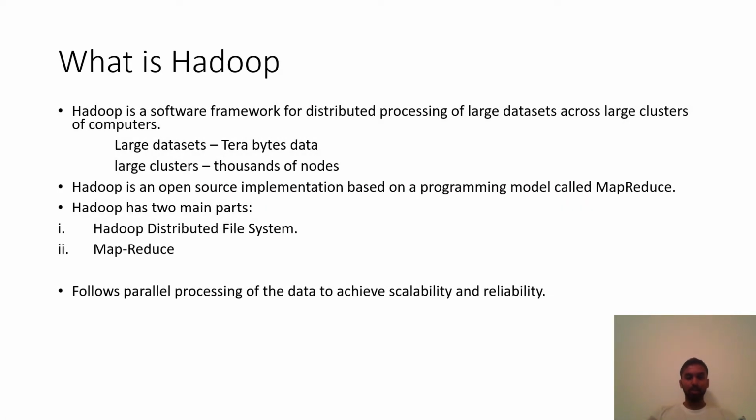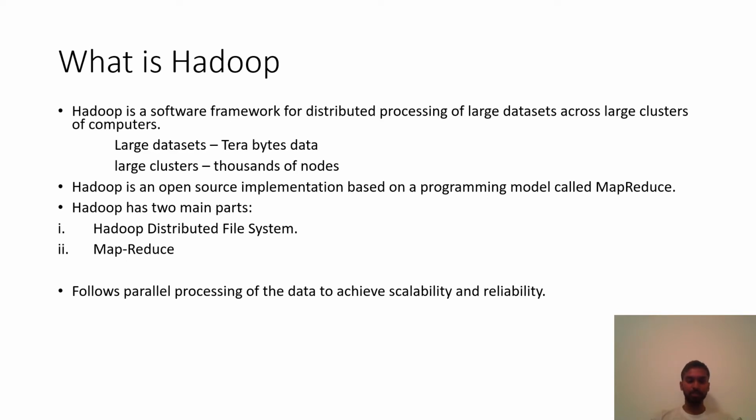What is Hadoop? Hadoop is a software framework for distributed processing of large data sets across large clusters of computers. So basically, Hadoop is software that creates data sets around different parts of the world, where large clusters, which means n number of servers, are located, and they communicate with each other using parallel processing, and with this they achieve scalability and reliability.